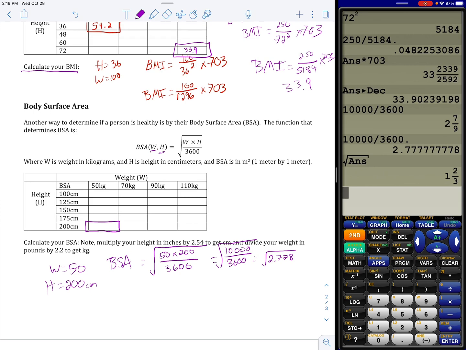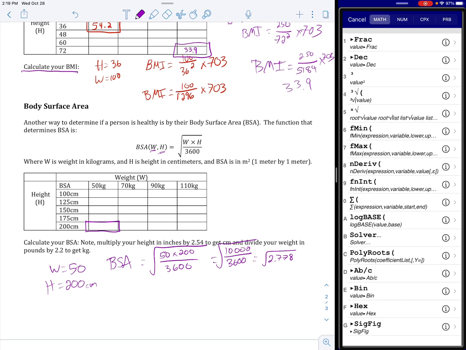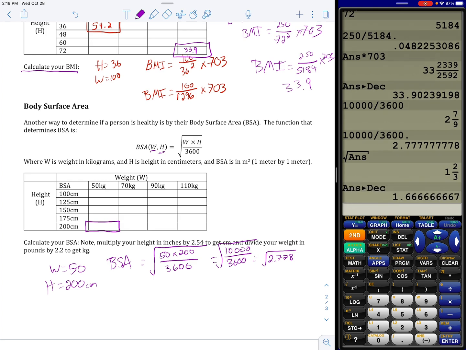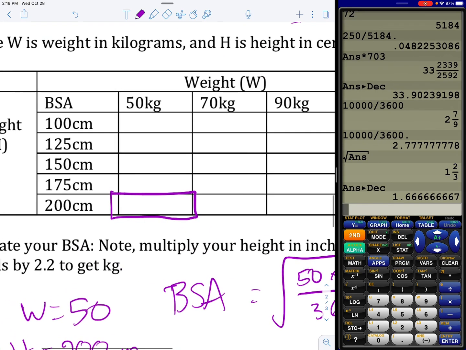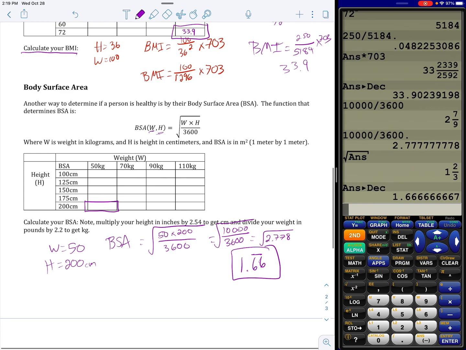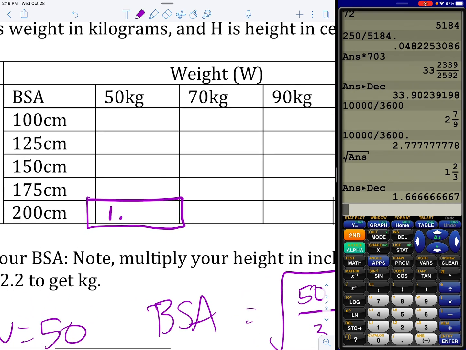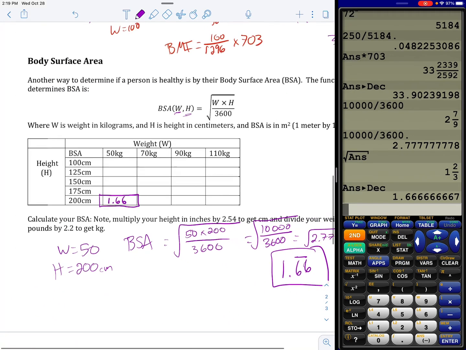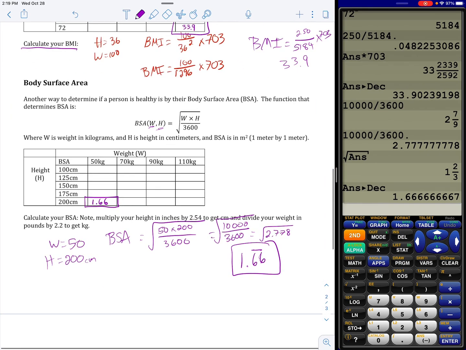Interesting. I wasn't expecting that. So we got 1.66 repeating meters squared. So this is a pretty frail person. So we have 1.66 here. We'll go to 2 decimal places.